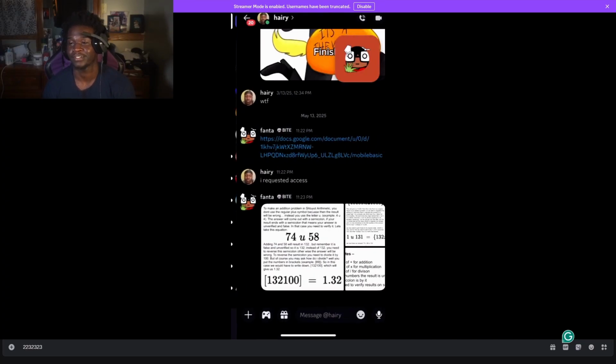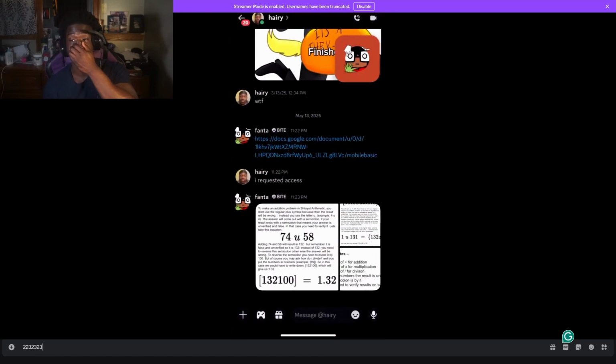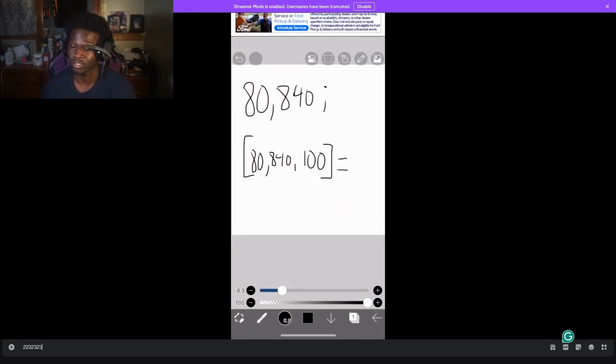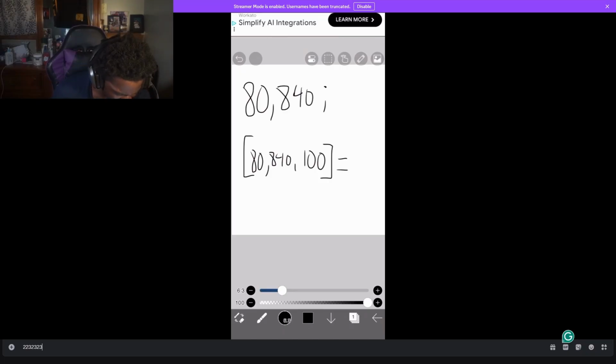All right, so we're gonna look at these. The brackets mean division. Oh, those brackets mean division. So it's 80,840 divided by 100. All right, so they're all division, you said? 80,840 divided by 100.